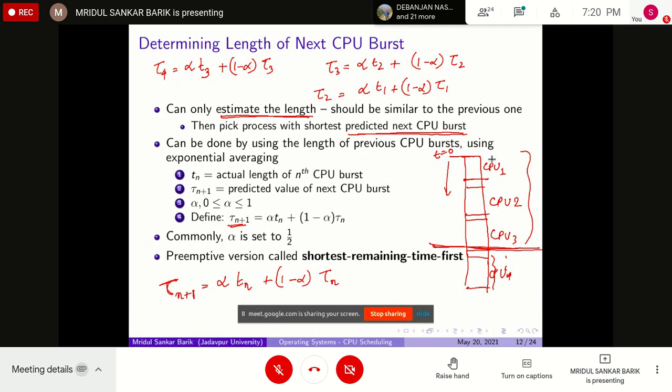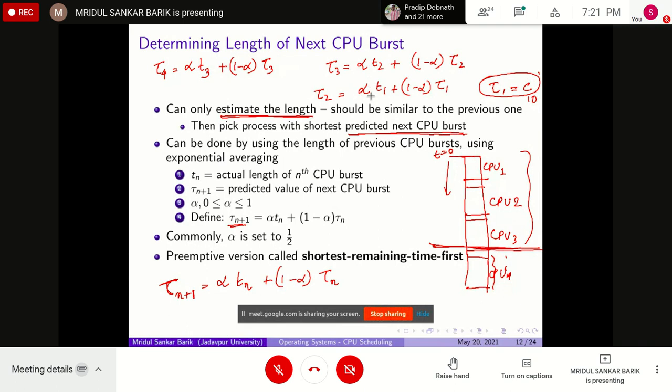And what is tau 1? When execution of a program actually starts, the program hasn't started yet, so we have to predict the length of the first CPU burst. So tau 1 would be some system-wide constant. Say I predict for the first CPU burst 10 milliseconds, but actually it was 12 milliseconds.